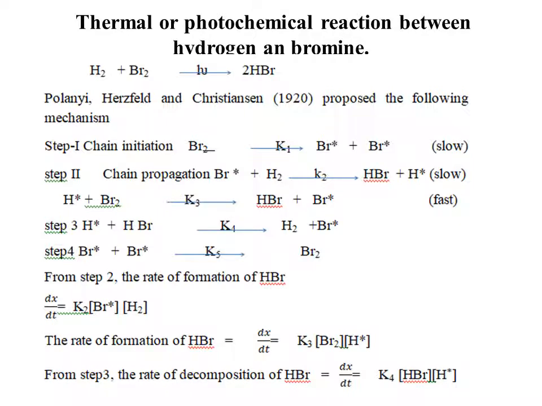From step 3, the rate of decomposition of HBr, dx over dt, is equal to K4 into the concentration of HBr into the concentration of the H* radical.